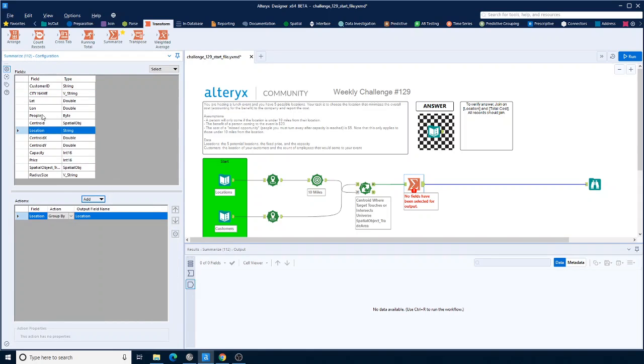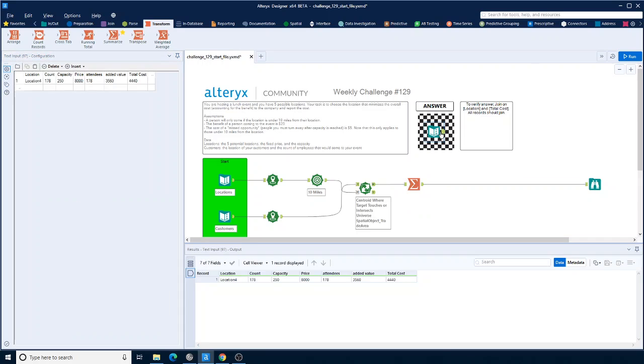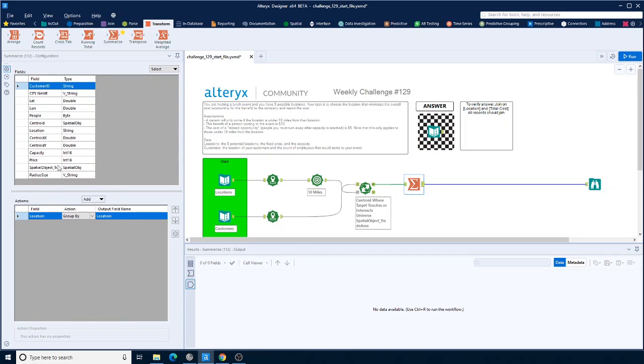I think the price and capacity are going to be the same. Which order were they in? Capacity, then price, although we've got count in there first. Okay, so let's bring in count. So the count is number of people. So if we sum that, call it count.